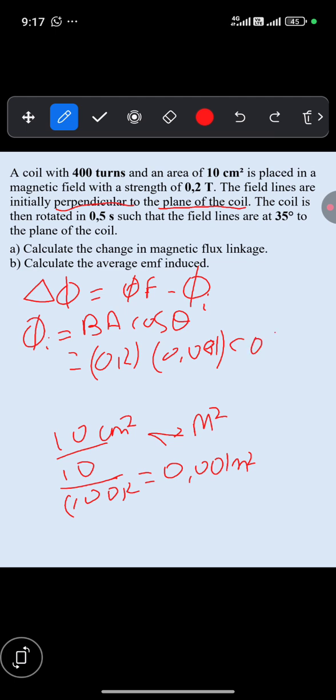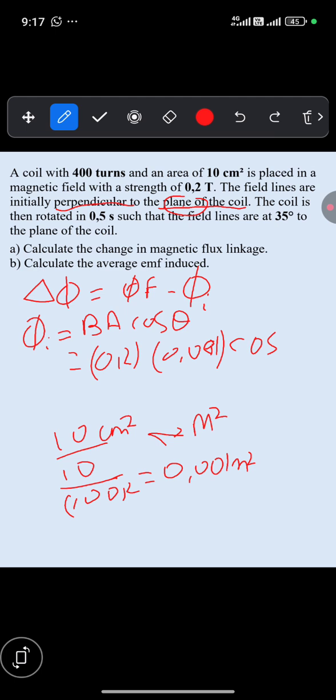Then cos of. Initially, we said it is perpendicular to the plane. So this is not the normal perpendicular because there's a plane. There's no normal, or there's no axis. The word axis is not there, and the word normal is not there in this statement. So when they say perpendicular to the plane, they are not talking about the normal perpendicular.